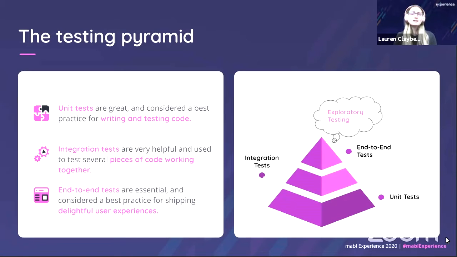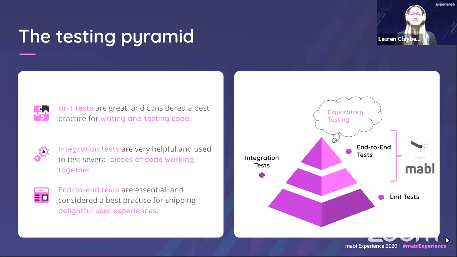And then once you have these foundational pieces that make up a good testing suite, exploratory testing is another way to continually make your application better. So exploratory testing means that you will click around your application, find places where maybe your test coverage is lacking, and also proactively find issues with your application so that you can fix them.